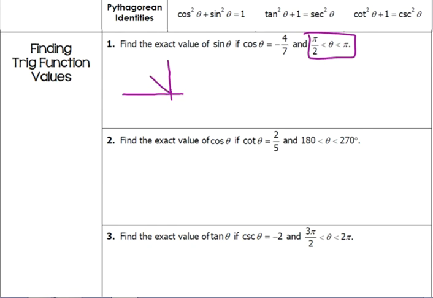So we are going to draw ourselves a right triangle. In the second quadrant, the right angle is always formed with the horizontal. We're given the value of the cosine ratio. Cosine is the adjacent over the hypotenuse.